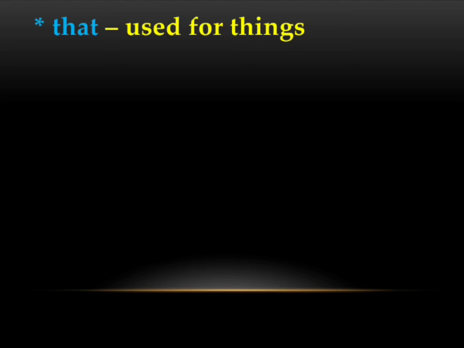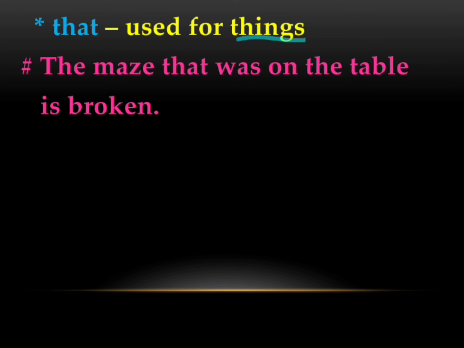Next, that. That is used to describe or define things. The maze that was on the table is broken. Maze is the noun. That relates to this maze and describes this maze.